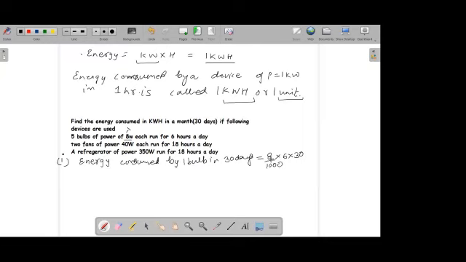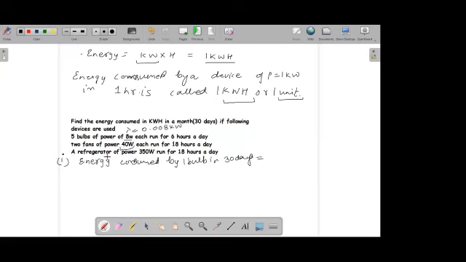Why did we divide this? Either you can go like this. See, there is another way. Instead of dividing here by 1000, we can convert all the powers to kilowatt. Like this is 8 watt, convert it to kilowatt. So this would be 0.008 kilowatt. Okay, convert this 40 watt to kilowatt.